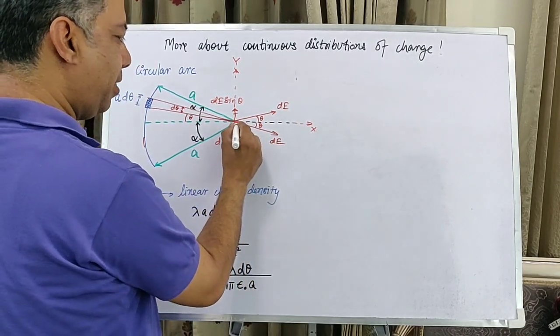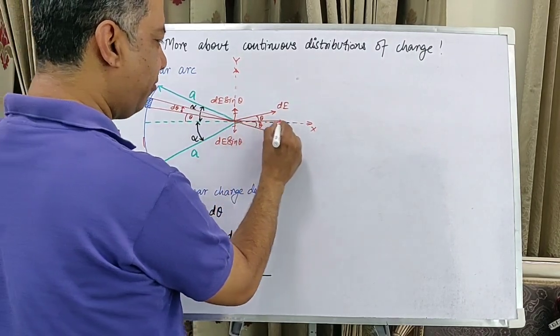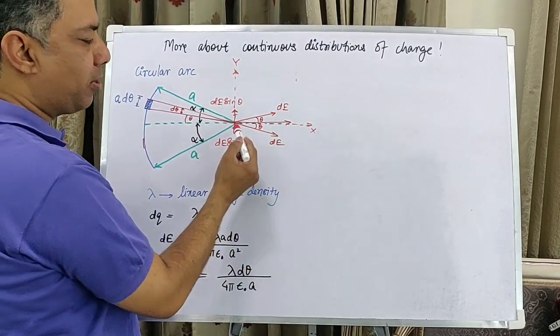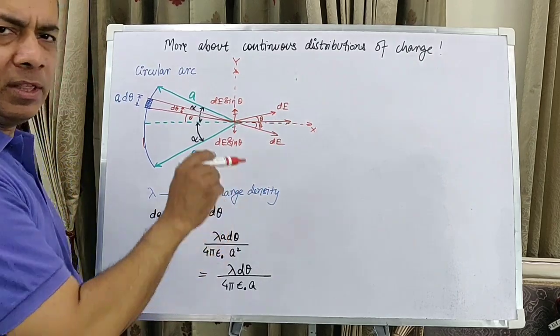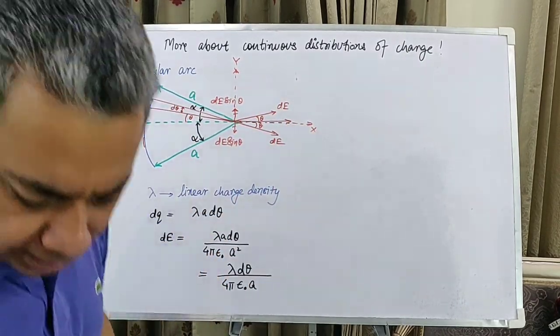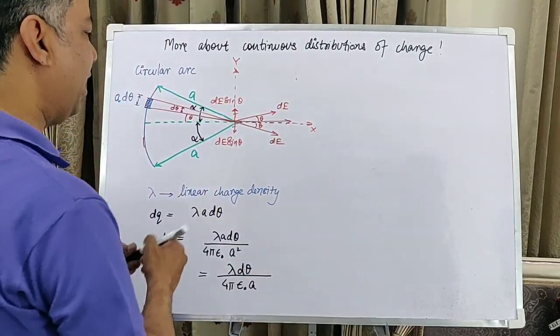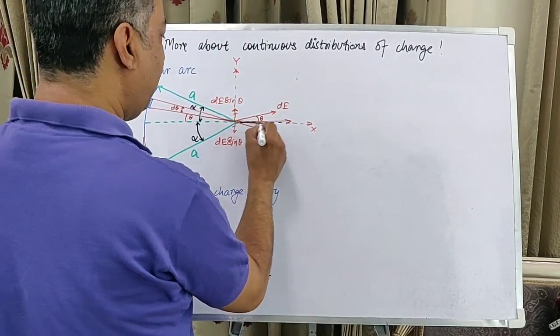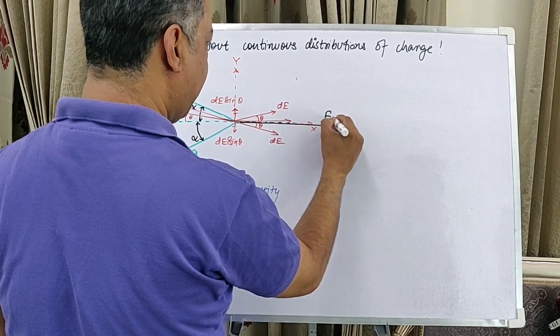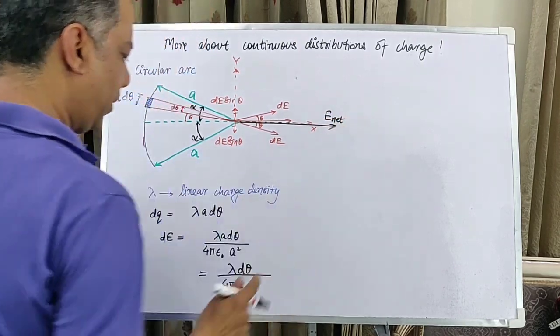Those that are in the x direction will all add up because they are in the same direction. So dE cos theta plus dE cos theta all add up to give you the net electric field, which we now know will be in the x direction in this case.